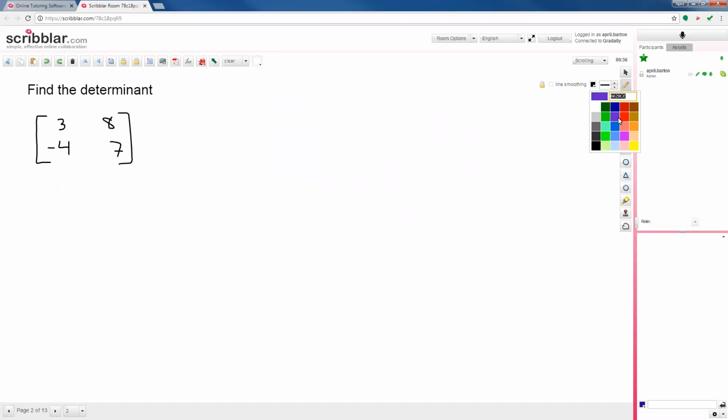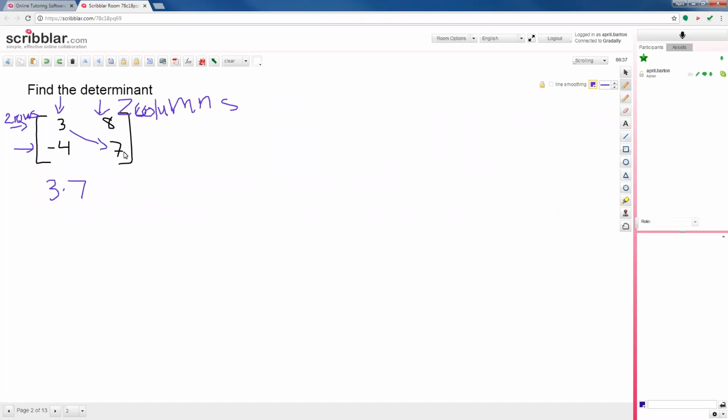So this is a 2x2 matrix. You learn the rows and the columns to name it. There are 2 rows and 2 columns, so it's called a 2x2 matrix. And to find that determinant, you do basically a kind of cross multiplication.